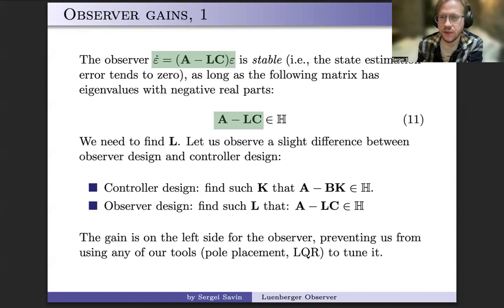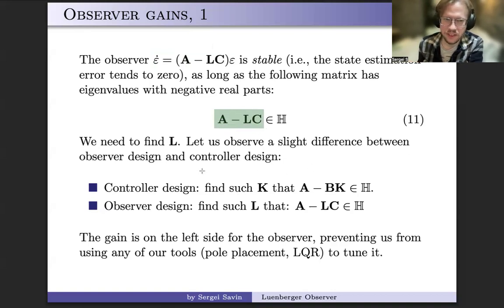That would be marginal stability. If they have strictly negative real parts of eigenvalues, it is asymptotically stable. So essentially, we just need to find such an L that makes this matrix Hurwitz, that makes this matrix stable.